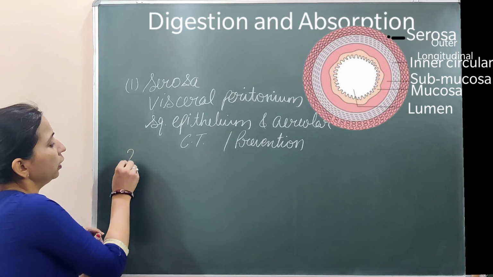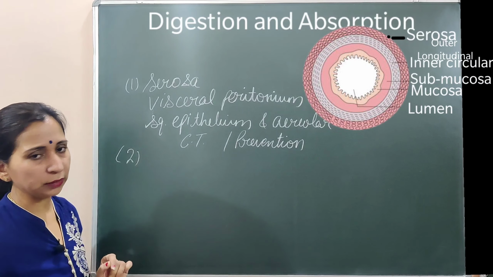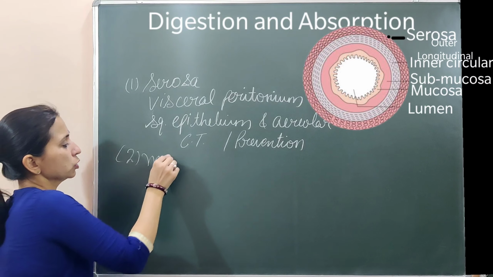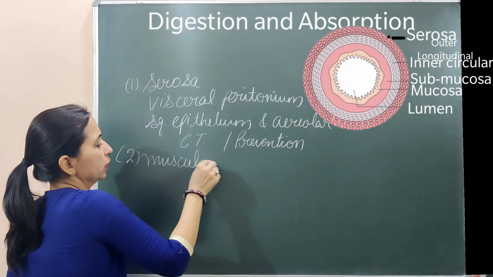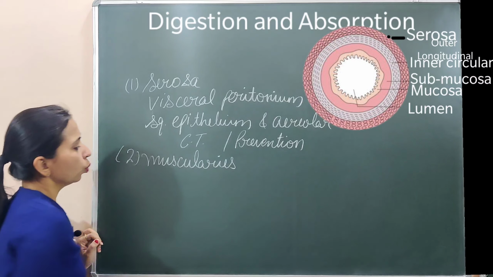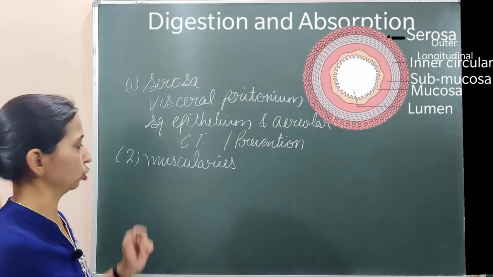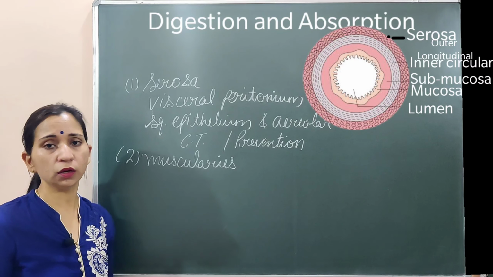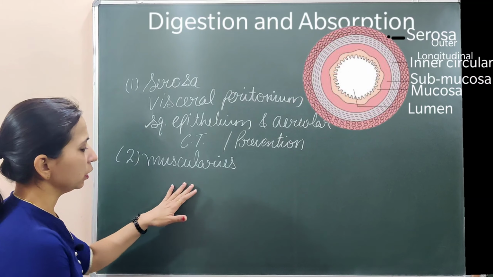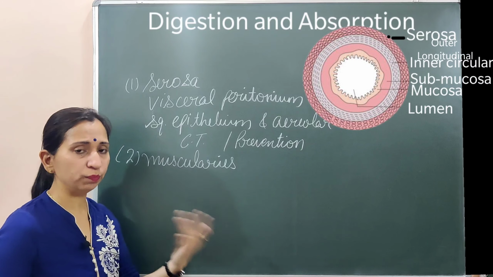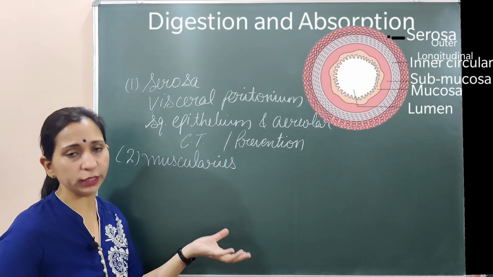Second layer of the alimentary canal. अब अगर हम second layer की बात करें, second layer is known as muscularis, or we can call it muscular coat also. Muscularis is the second layer, and this layer is divided into two parts, two sub layers.